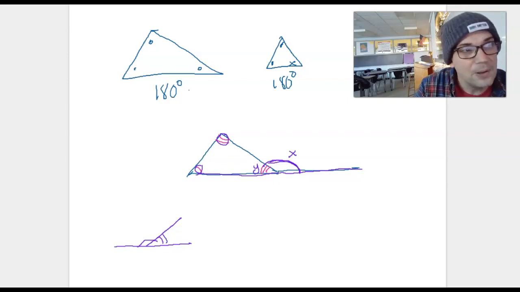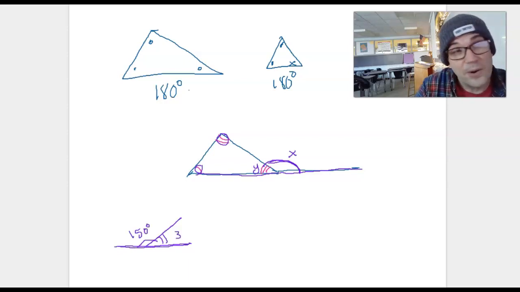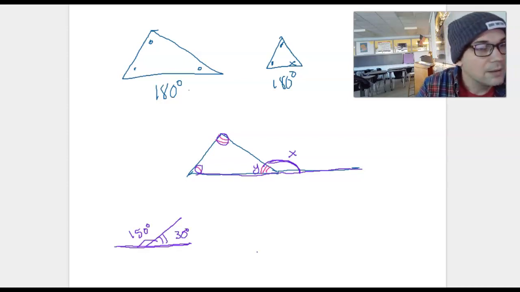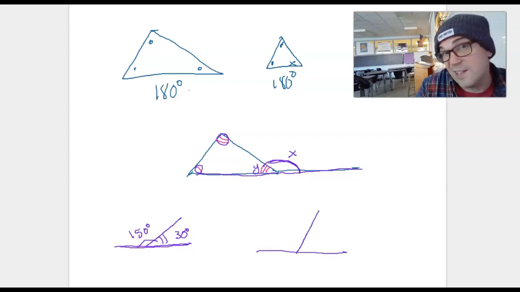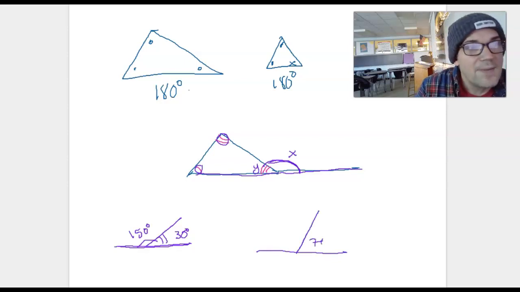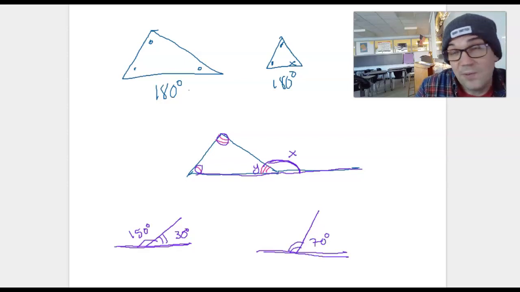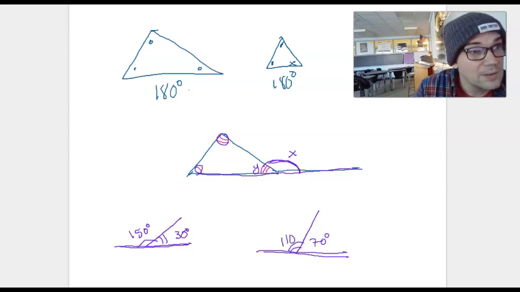So for example, if this is a straight line, and this is 150 degrees, then this would have to be 30 degrees, because together these have to make 180. In another example, if this one's maybe 70 degrees, but this is a straight line, then this is whatever's left of 180. So that'd be 110 degrees.